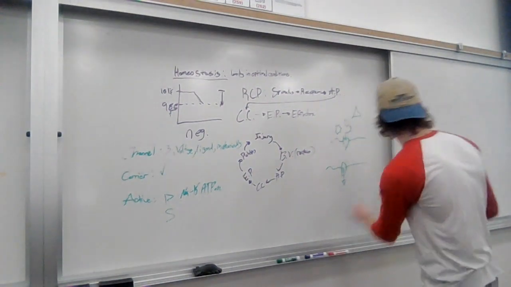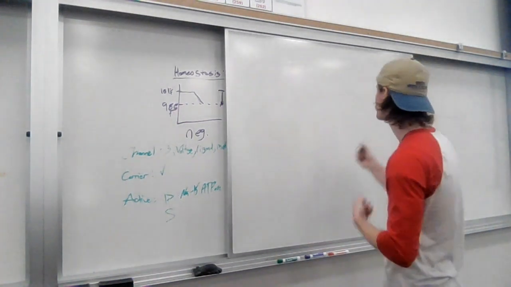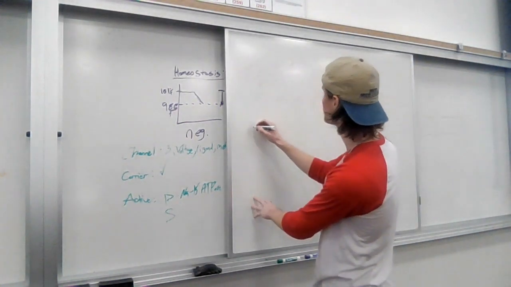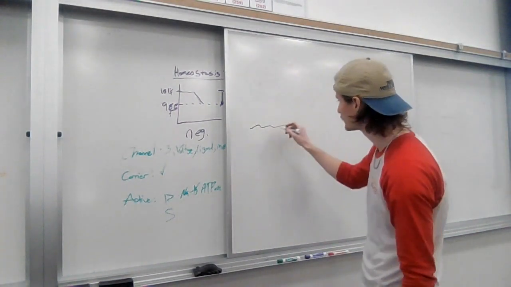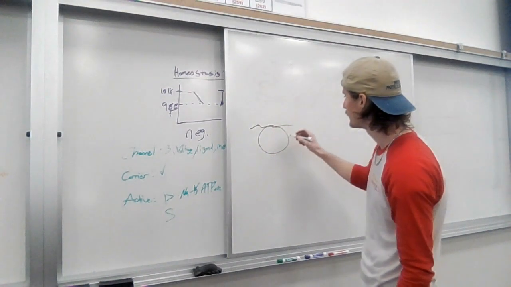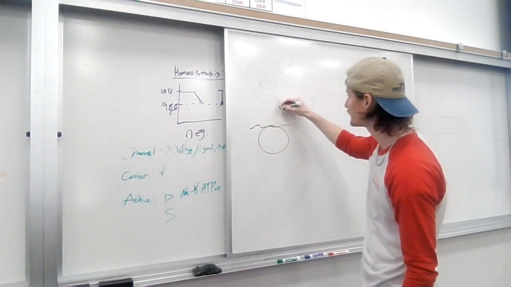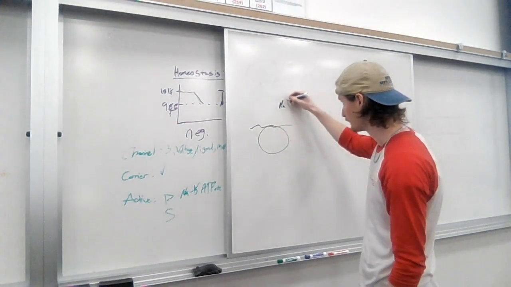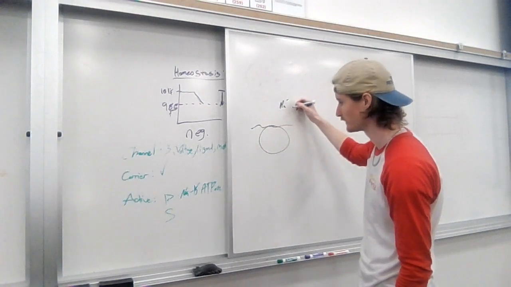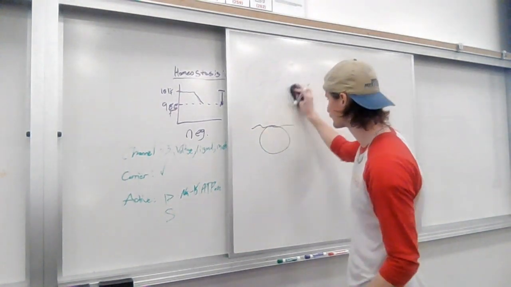Let me see if I can bring this. There we are. So if we have a cell, and this is going to be the membrane of the cell. If we have, let's say, sodium, and there's not a whole lot of it outside the cell, or actually, let's just use a different example.